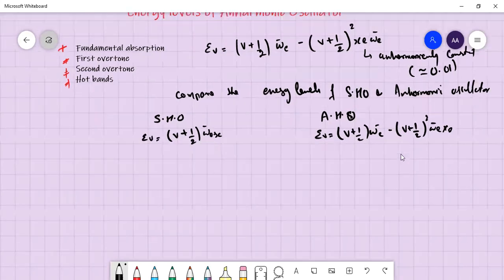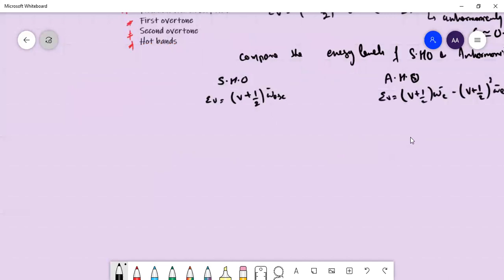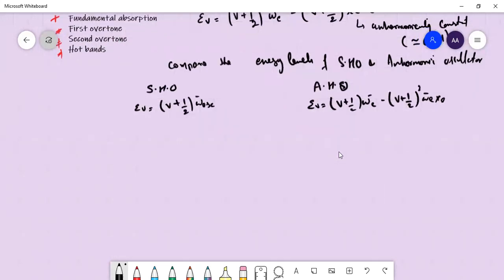Now let's substitute the value of v, the vibrational quantum number, which takes integral values 0, 1, 2, 3, 4, 5, 6, and so on.